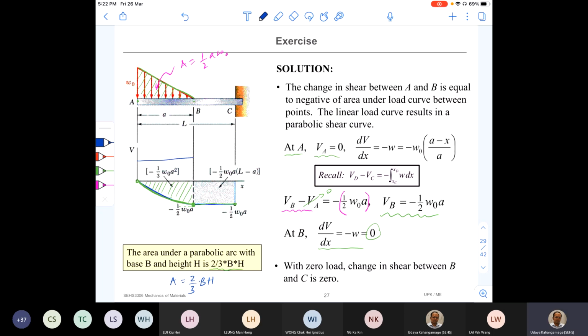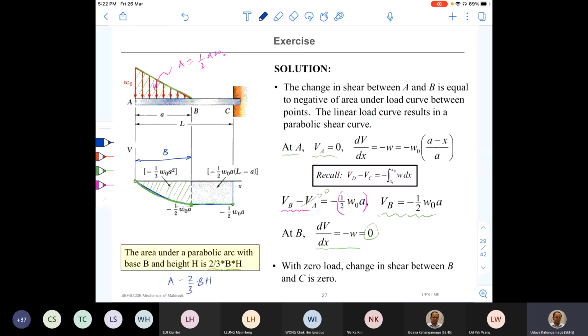This is the base. And next is the height. This is the height. So knowing those two, now we should be able to find out the area, this area here.